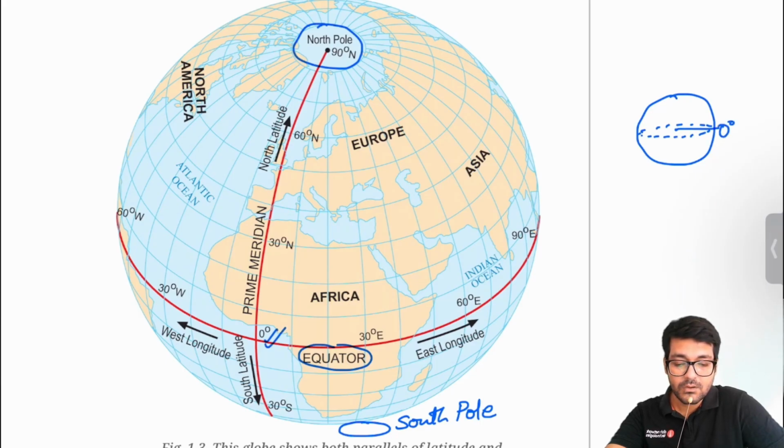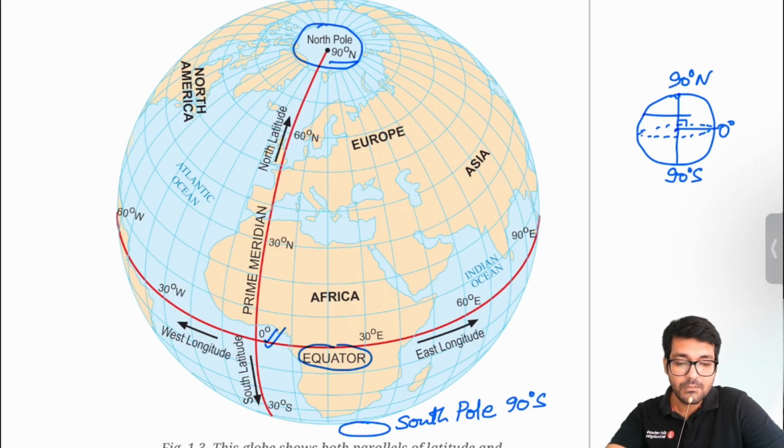So equator is called 0 degree latitude. And from this line North Pole makes 90 degree, so called 90 degree north. You can see here. Similarly, the South Pole will make 90 degree, so called 90 degree south.